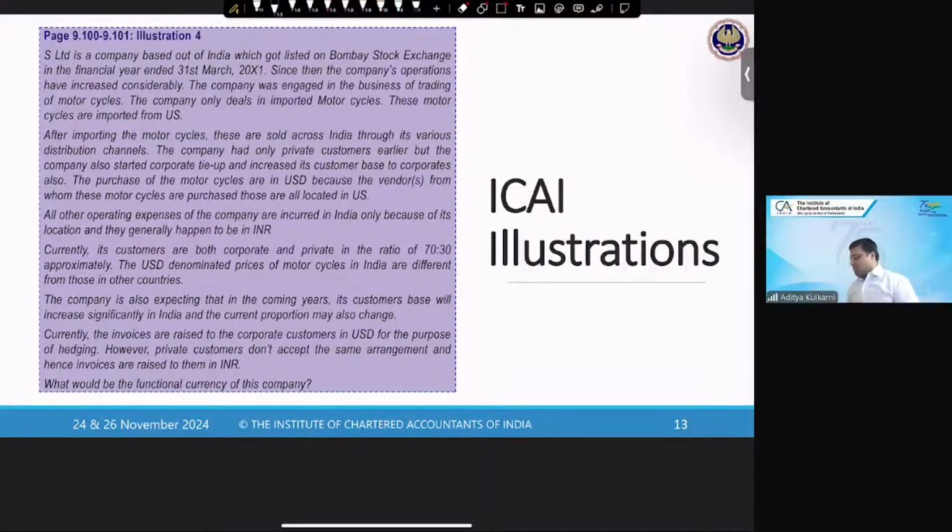INR. It is influenced by the market conditions of India, the pricing is converted into INR, and the revenue is also in INR.